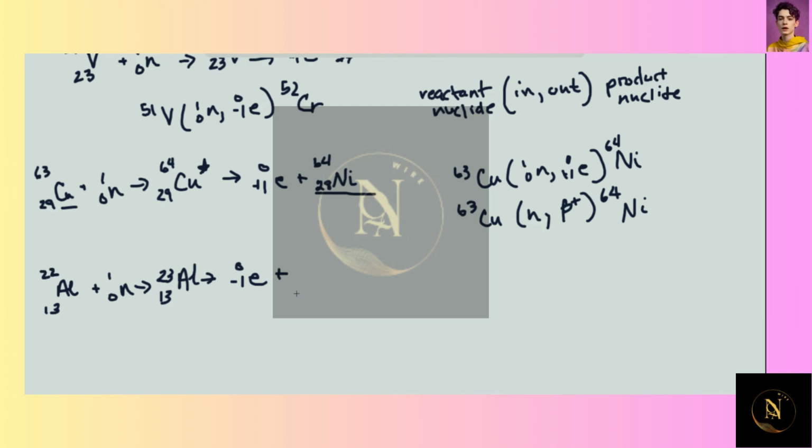And the final product is Si, with an atomic number of 14 and a mass number of 23. In shorthand notation, it's 22Al N beta Si 23.